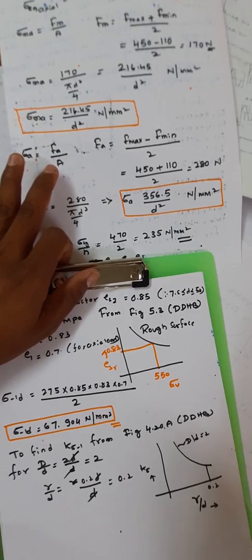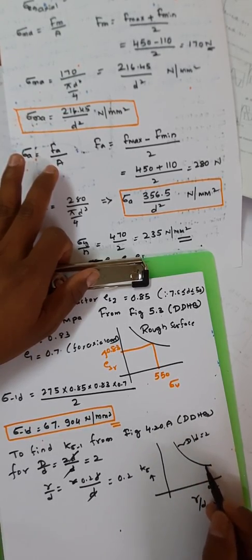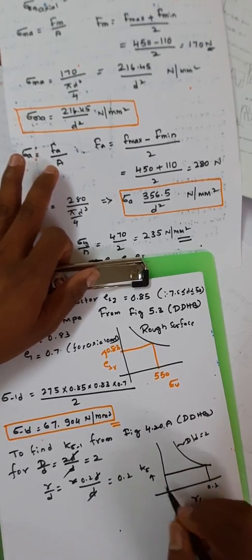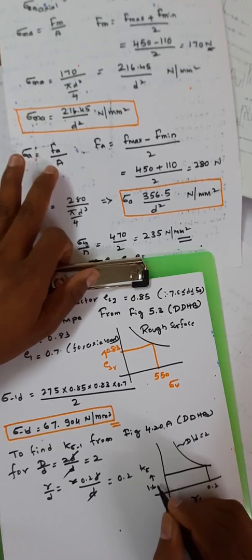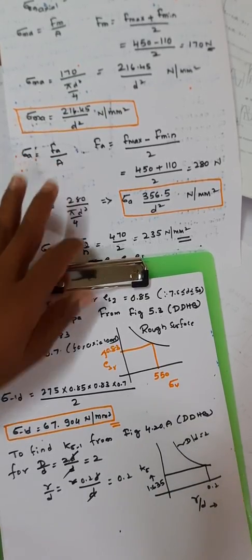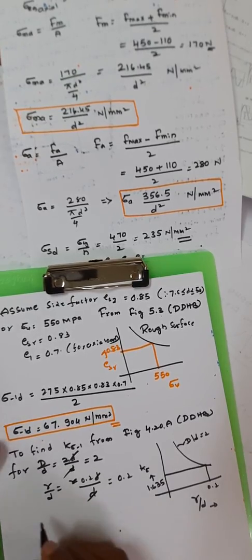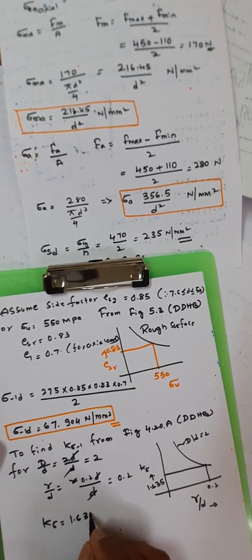Draw one line up to where it coincides with the D by d line. From there you draw one more line. Somewhere here you'll get 1.635. This is the stress concentration factor. K sigma is equal to 1.635.